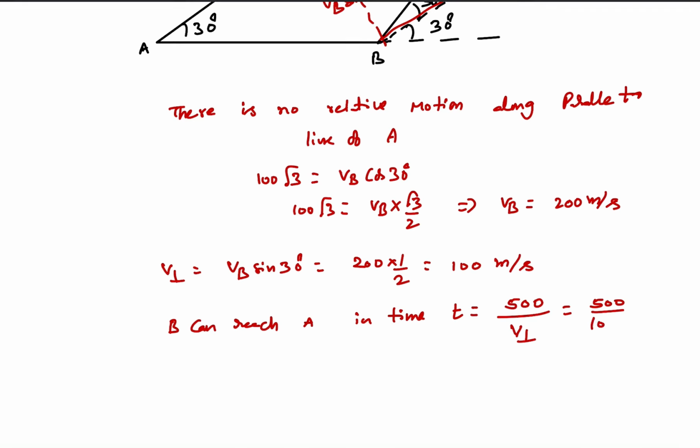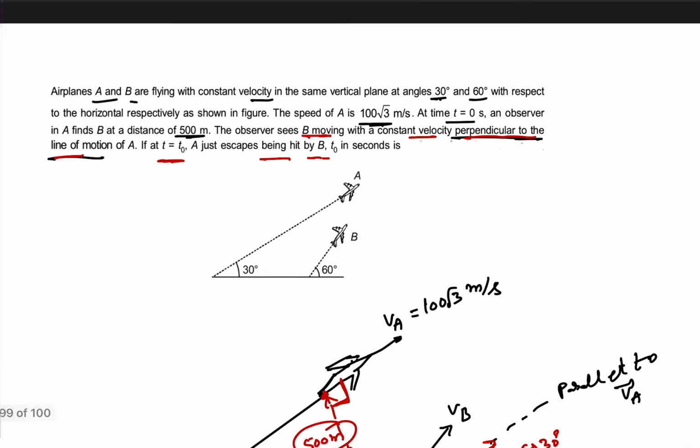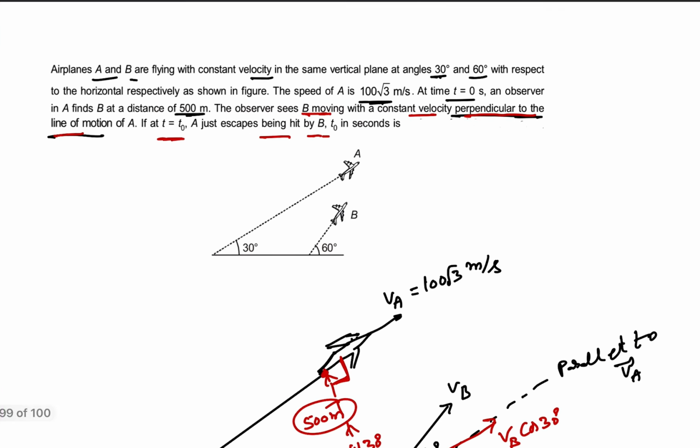So 500 divided by 100, you get 5 seconds. So it is escaped in 5 seconds. As per the question, they are asking t equal to t naught, when A just escapes being hit by B. What is the time? So this is 5 seconds.